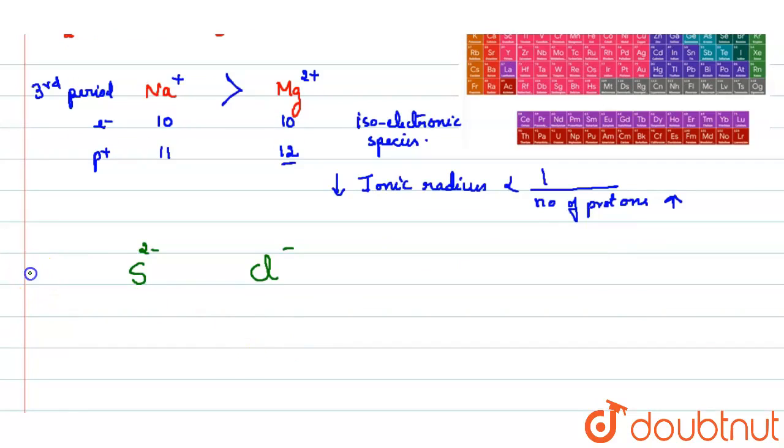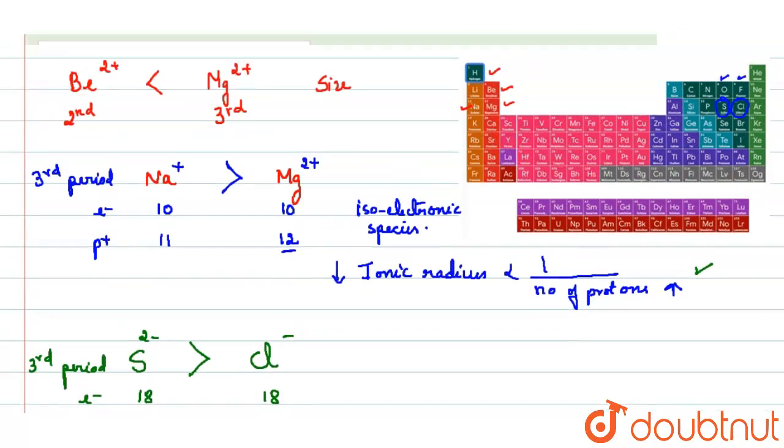They both belong to the third period. In S2-, the number of electrons is 18 and in chloride also it is 18. The number of protons is 16 and 17 respectively. Ionic radius is inversely proportional to the number of protons. As chlorine has a higher number of protons, its size should be smaller.